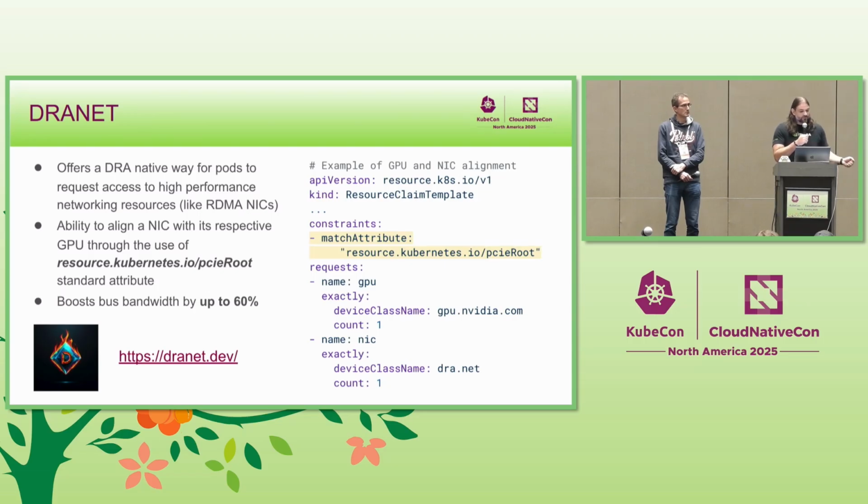And so using this standardized attribute across GPUs and NICs, we're able to see boosts of bus bandwidth by up to 60%. The way you do this alignment is what you see in the YAML on the right. You can request a GPU, you can request a NIC, and then you say you want those two devices to be matched on this attribute of PCIe root, and then it guarantees that those two devices come from that same PCIe root complex.